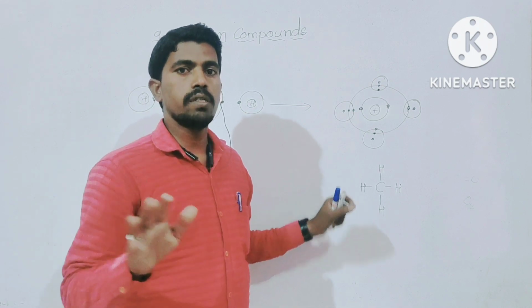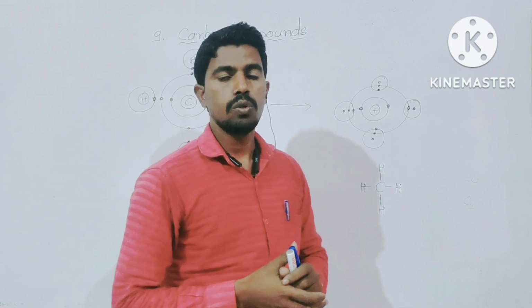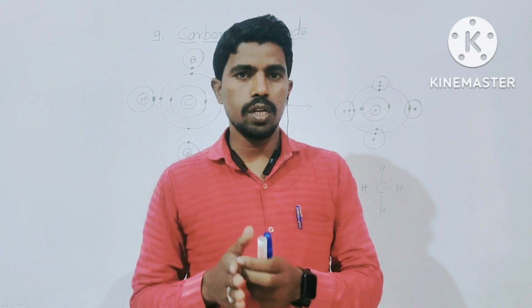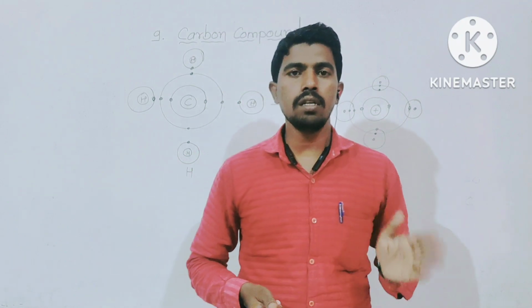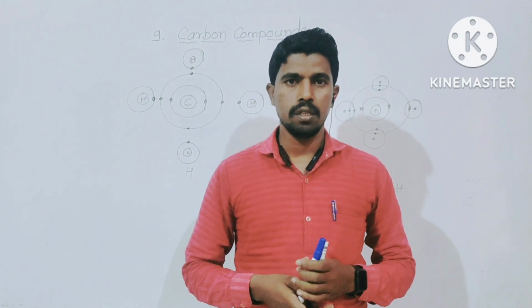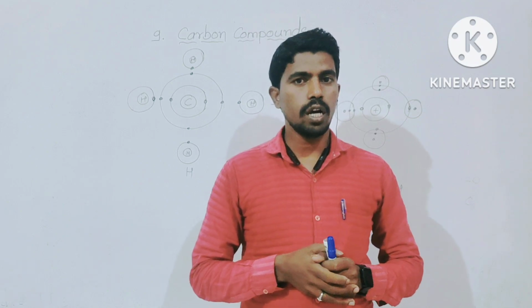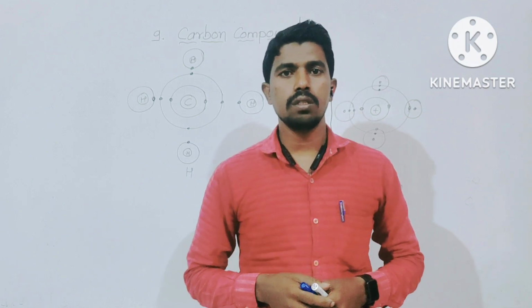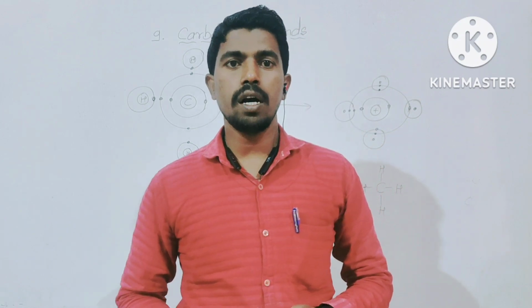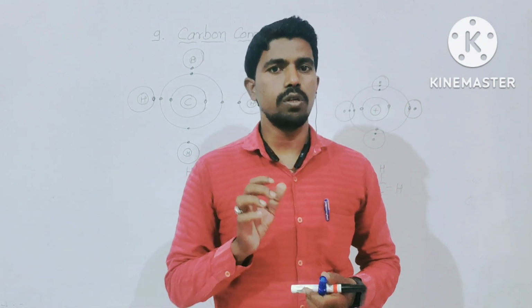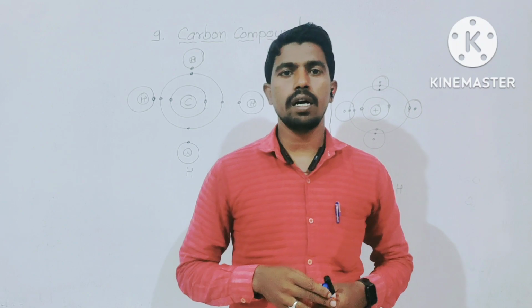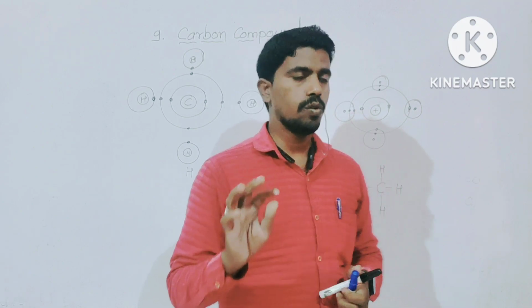The hydrocarbons are classified into two types: saturated hydrocarbons and unsaturated hydrocarbons. The saturated hydrocarbon means the hydrocarbons in which the carbon atoms are linked with single bond. Such hydrocarbons are called as saturated hydrocarbons.